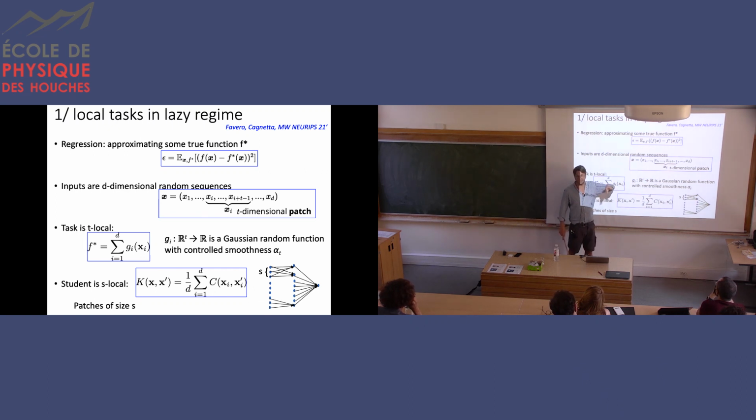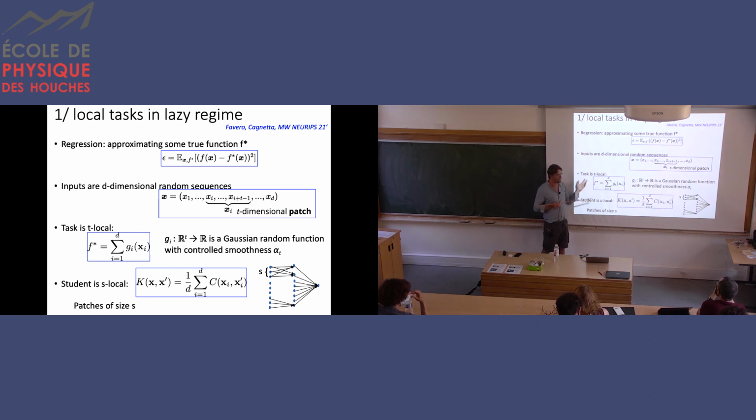So to simplify notation, think about a one-dimensional image. Okay, so it's in D dimension. And we will define patches. Patches are just adjacent sets of coordinates. Okay? And an important variable is T. T is the dimension of the patch.